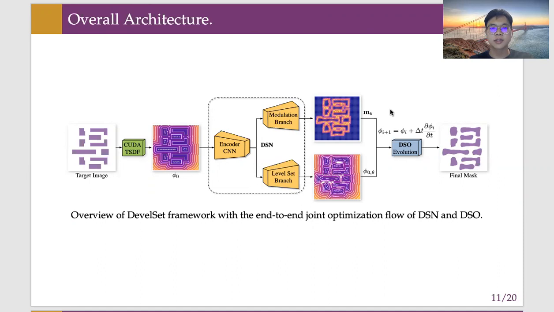After encoding by the convolutional neural network, it predicts the level set branch and produces phi 0 theta. The predicted level set function is a better initialization for the DevelSet optimizer to do the level set evolution process, and we can get the final mask.